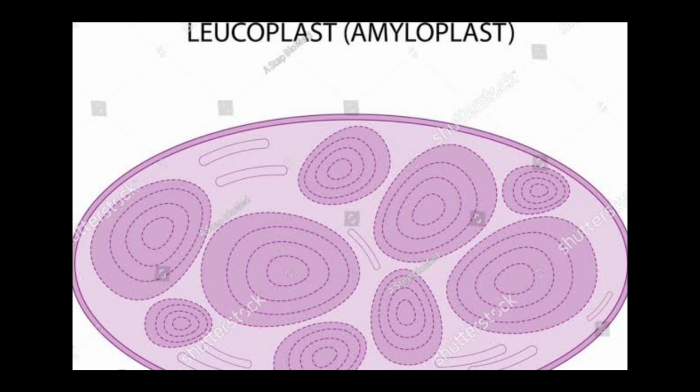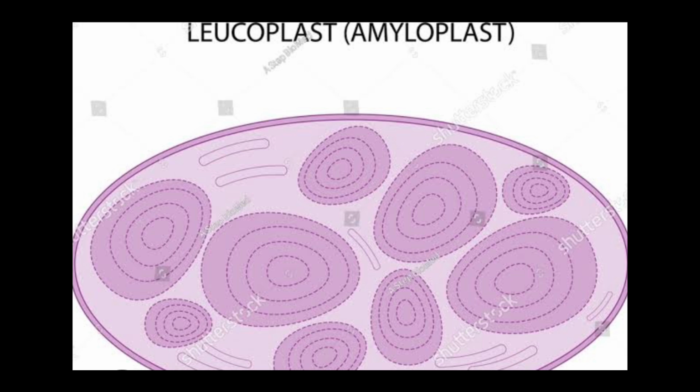And third, chromoplast: variously colored, imparts color to flowers and fruits, contains the pigments xanthophyll, a yellow colored pigment, and carotene, an orange-red pigment. They also indirectly help in pollination by attracting different pollinators, which then help disperse seeds.